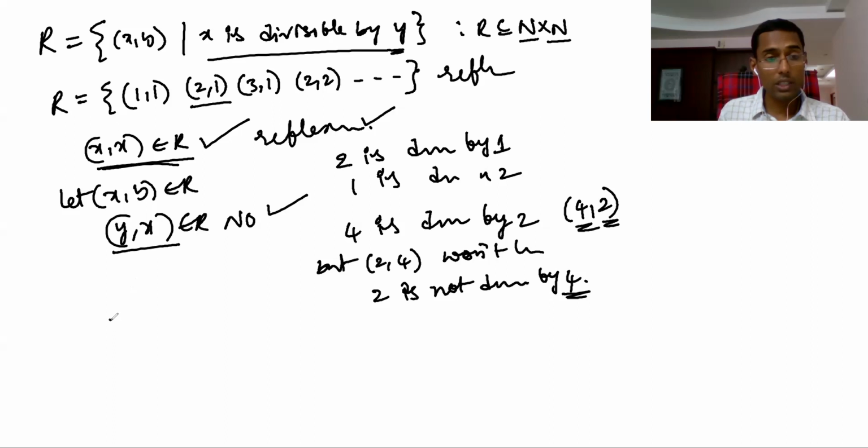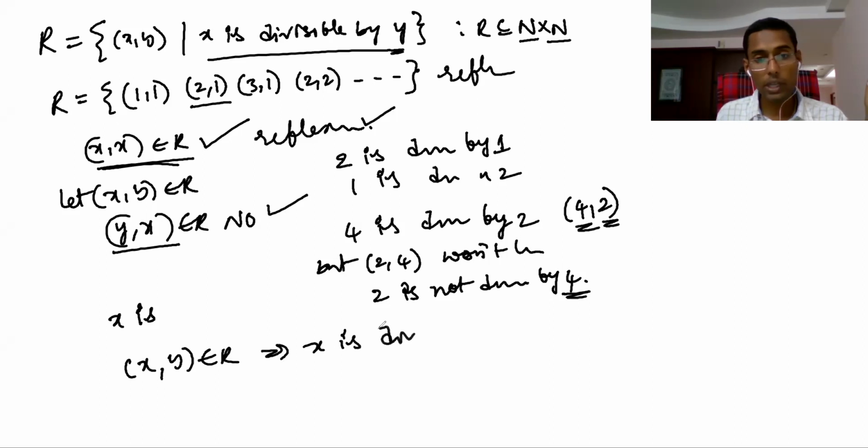Why? If x is divisible by y, okay, x comma y is there. Let's say x comma y belongs to R. That means x is divisible by y. Then y comma z belongs to R, let us say y is divisible by z.